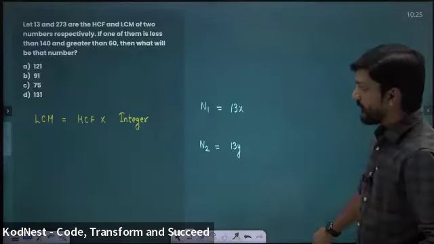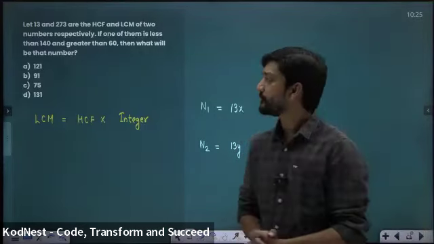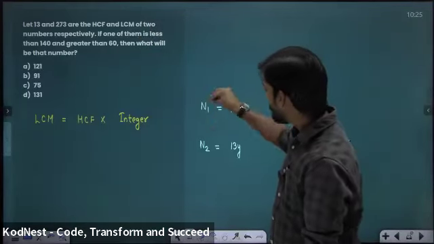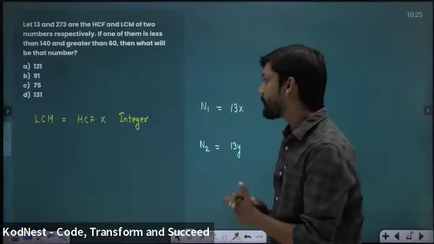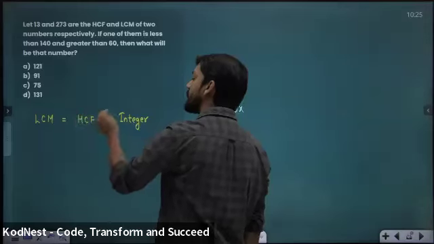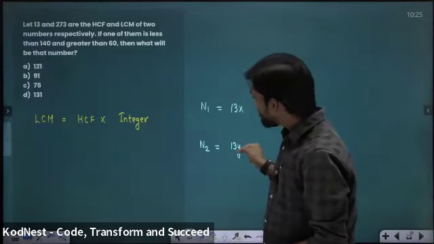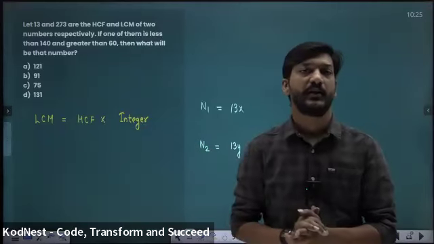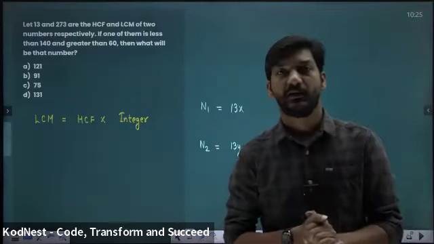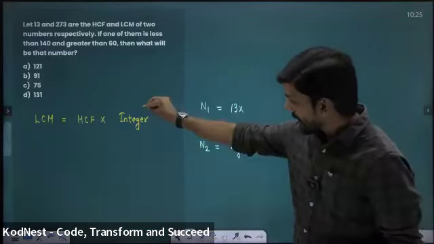Now, carefully see, please. Your HCF is 13, so your numbers will be 13x, 13y. And LCM equals HCF into integer. How I will get this x and y is from this. So please carefully answer. Put the LCM value, put the HCF value.